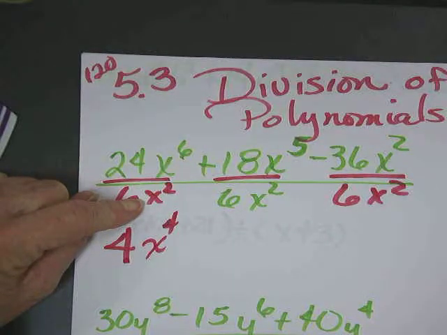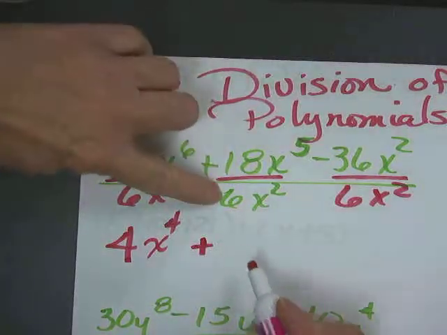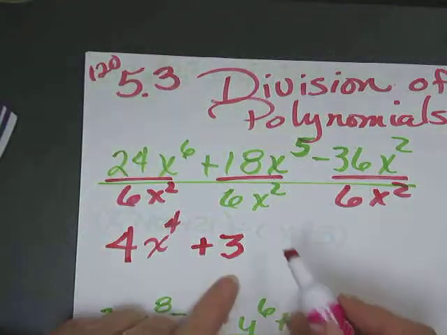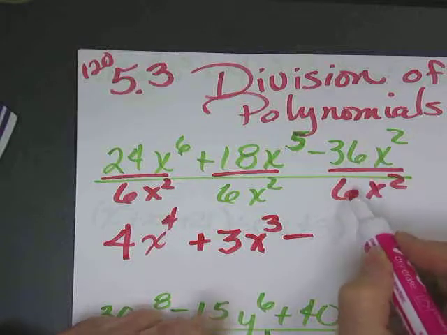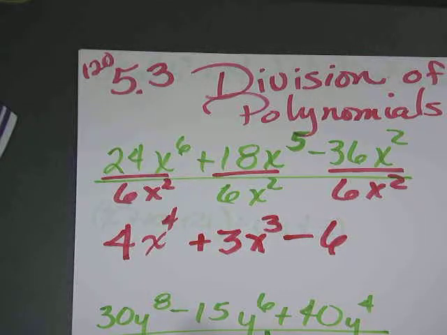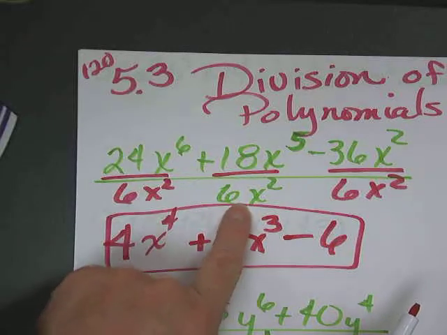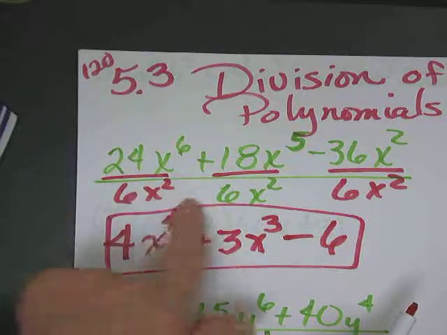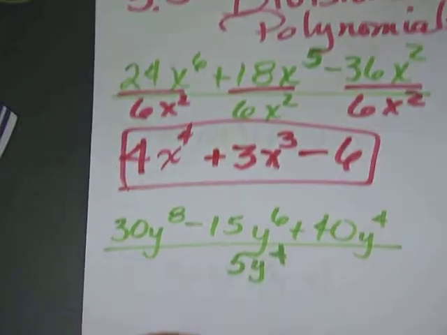You have x to the 4th left. Everybody see that? Okay. And then plus 18 divided by 6 is 3, 3x to the third. Minus 6x, no x's, just 6. That totally goes away. See that? Just plain and simple. Divide every single one of them by what it says to divide by. So all of the terms get divided by that.